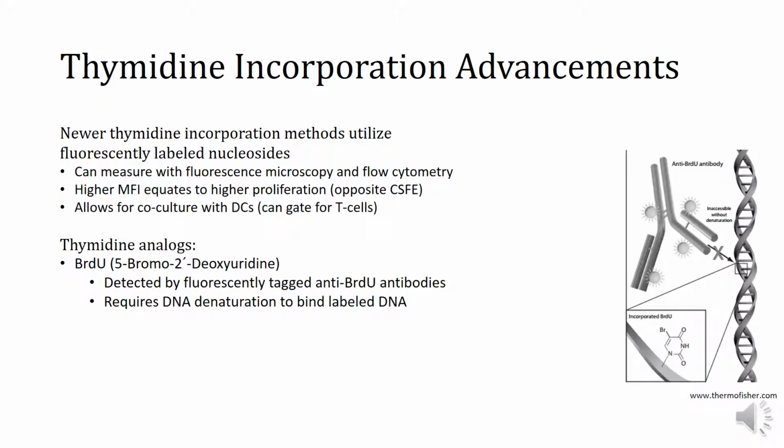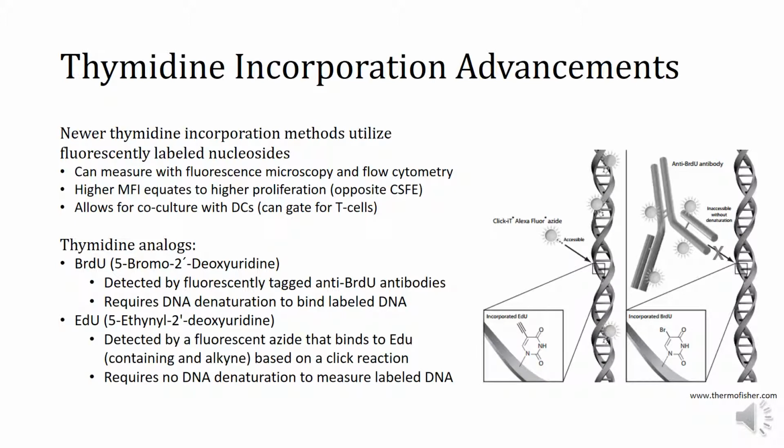First is the BrdU, and that is detected with fluorescently tagged anti-BrdU antibodies. You have to use denaturation of the DNA in order for this to bind, so this is not the most premier technique.